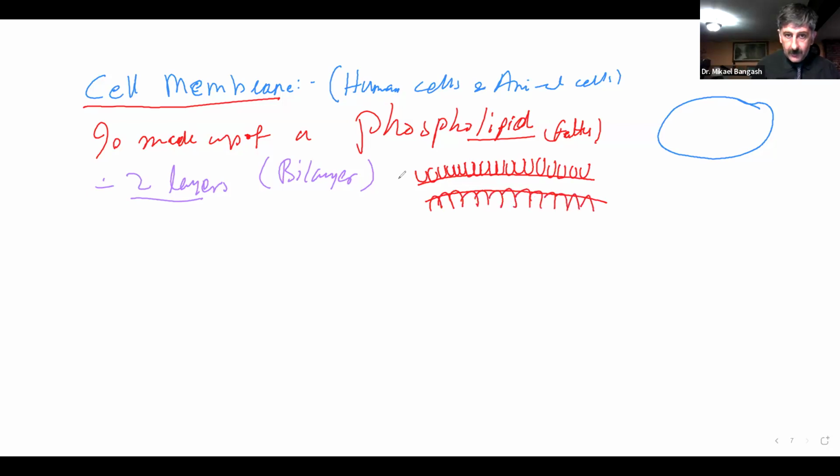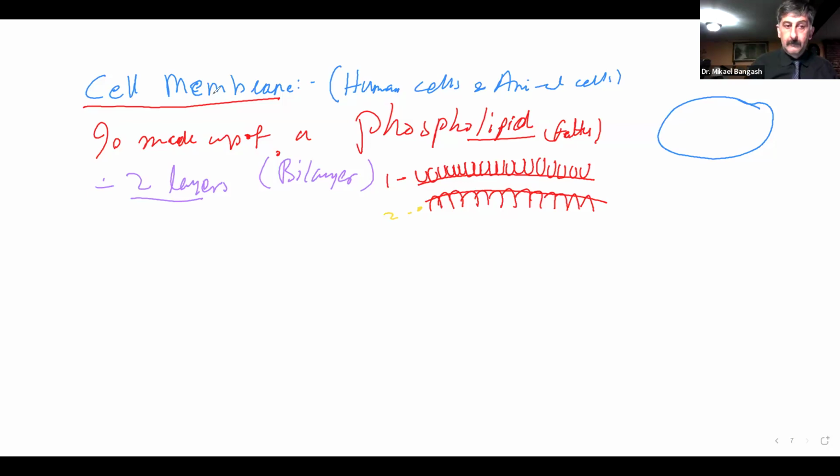So we have one layer of phospholipid molecules, and another layer of phospholipid molecules, all around the membrane, all around the boundary line of the cell. That's going to make up what you call the cell membrane.